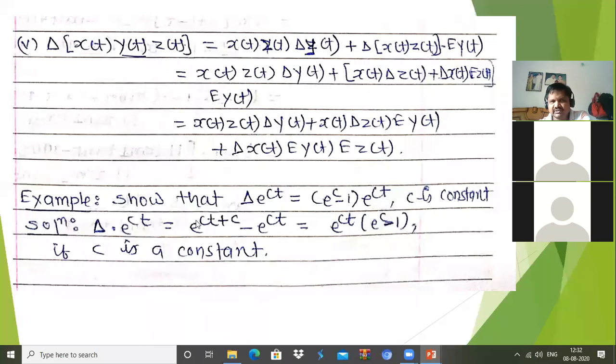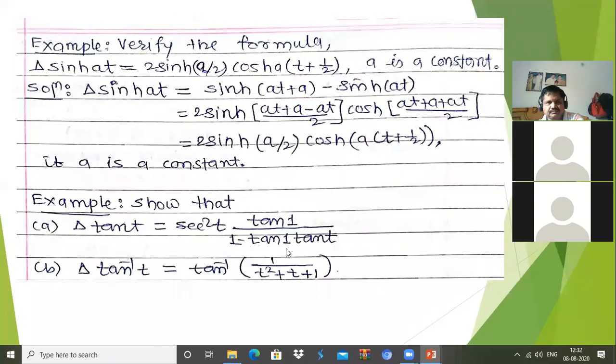So c into t plus 1 is c into t plus c. So e to the power c into t plus c minus e to the power c into t. This can be written as e to the power ct into e to the power c. So we get e to the power ct common, and then in the bracket e to the power c minus 1, which is this one. So if c is a constant term, it is very simple.